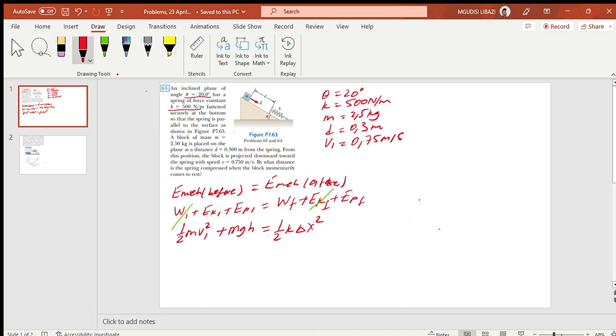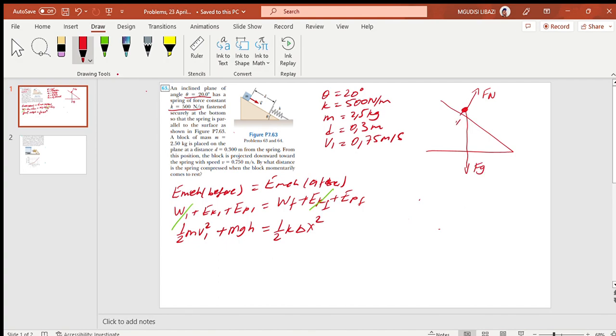So let's try to draw a free body diagram. We can draw something like this, with the block represented as a dot, and then we have a normal force, Fn, and the force of gravity, Fg.